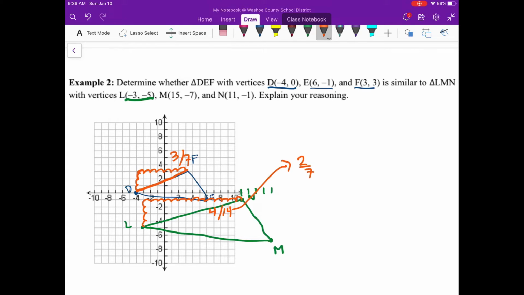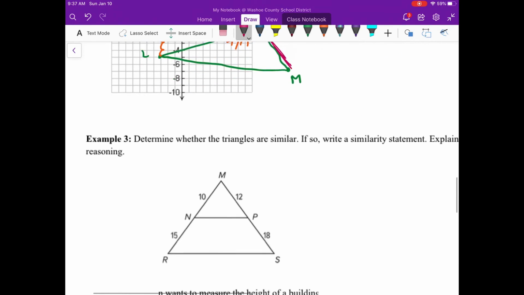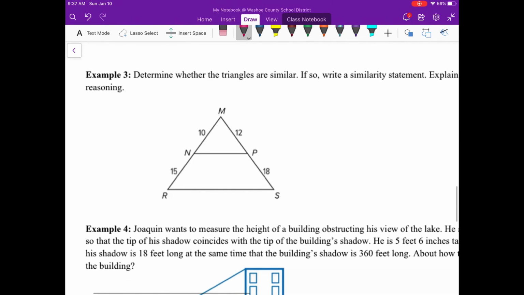If I were to reduce this one, this would reduce to 2/7, which is not equal to 3/7. And we can do that a few more times to compare the slopes, just to be sure. But they're not going to be similar to each other. So I can compare this one and this one, look at those slopes, and then same thing with DE and LM. So in this case, you can just say no, because the ratios are not the same.